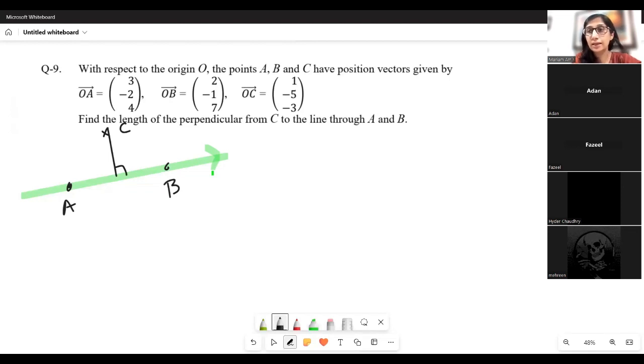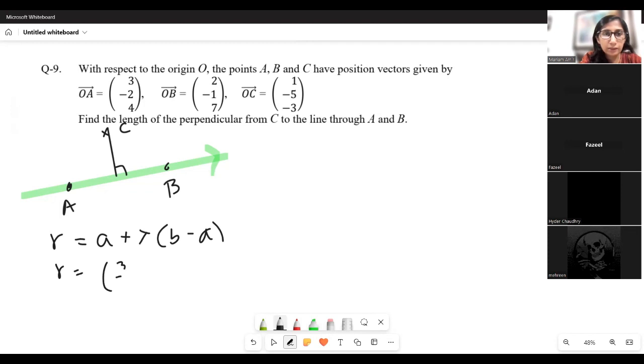First, we need the line passing through A and B. So for that, I'm going to use r is equal to A plus lambda times (B minus A). When we have 2 coordinates on the same vector line, we use this formula. So r equals A, which is 3, minus 2, 4, plus lambda times B minus A, which is going to be 2 minus 1, 7 minus 3, minus 2, 4.